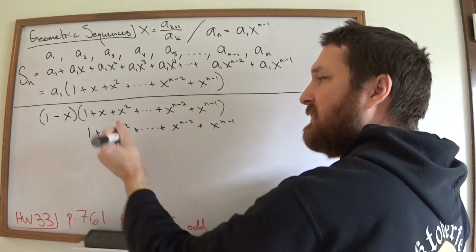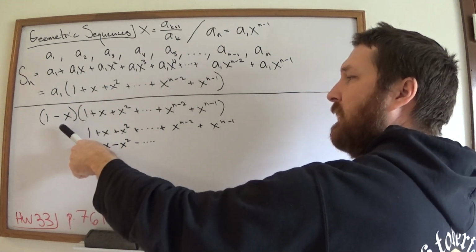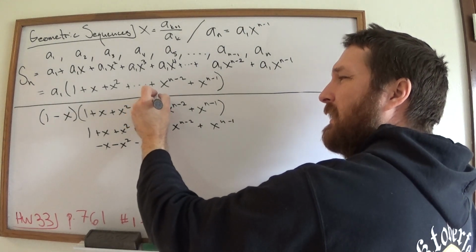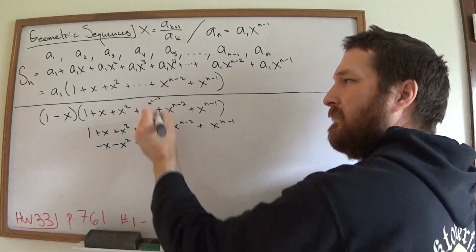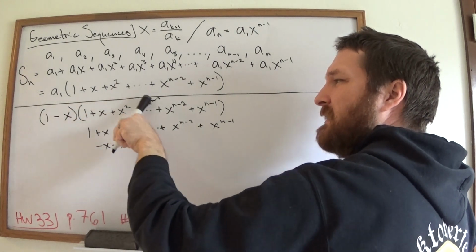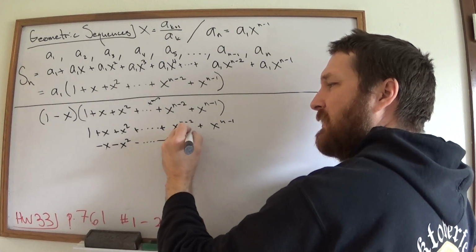Negative x times x squared gives me a negative x cubed, and so on and so forth. Now, I haven't written it, but there's an x to the n minus 3 right there. And so then when negative x comes in and hits him, he comes out to negative x to the n minus 2.